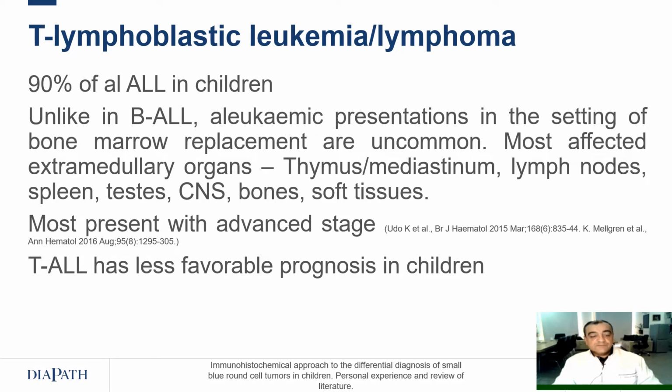That is why most present with advanced stages with involvement of the bone marrow and peripheral blood. But it must also be noted that T-cell type acute lymphoma leukemia also affects peripheral organs, such as thymus, mediastinum, lymph nodes, spleen, testes, bones, central nervous system, and soft tissues. Compared with B-cell type, T-cell type acute leukemia has a less favorable prognosis in children.